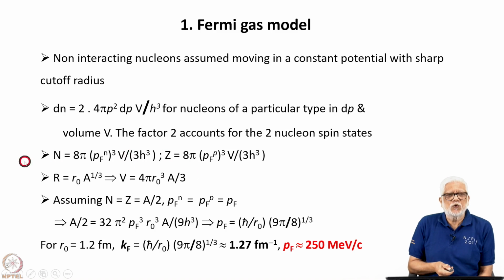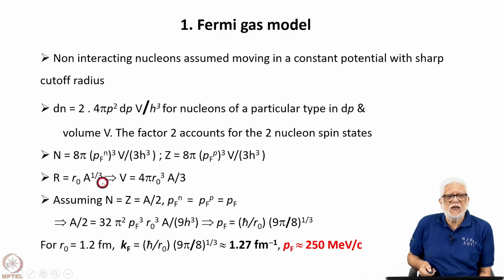And similarly, the neutron number is like this, with a Fermi cutoff momentum of p_F of n, and the number of protons is given by this p_F of p whole cubed times again a volume. Now, if you assume that these are confined to a sphere of radius R, then the volume is just given by 4 pi r0 squared A by 3.